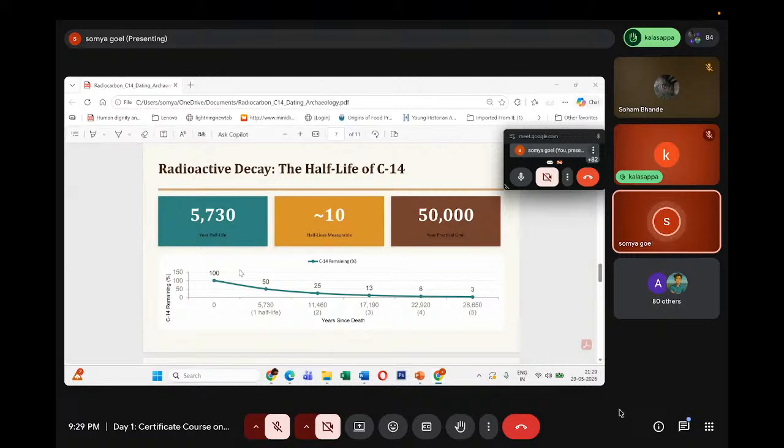Now we can measure up to 10 half lives. Why 10? Because after 10 half lives, the remaining carbon becomes so little that it is practically not reliable and also very difficult to measure. Converting these 10 half lives comes out to around 50,000 years. That is the practical limit for radiocarbon dating.